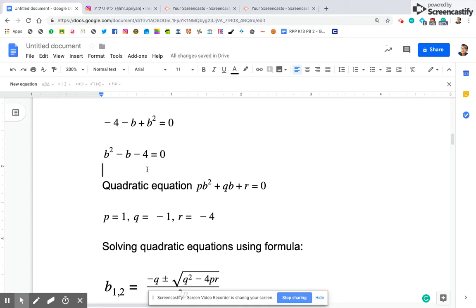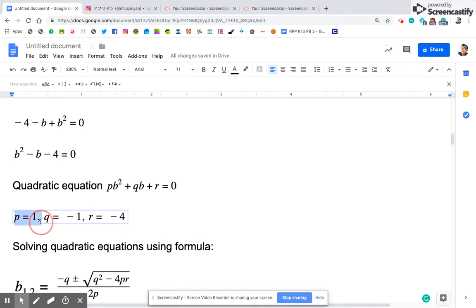So let's see. The value of p is 1. And q equals negative 1, since we have negative 1b. And the r is negative 4.